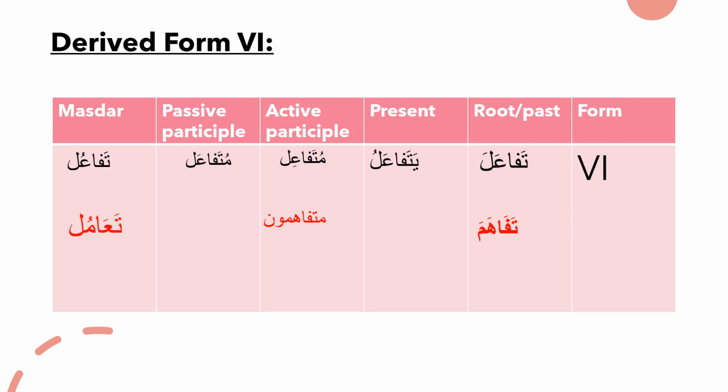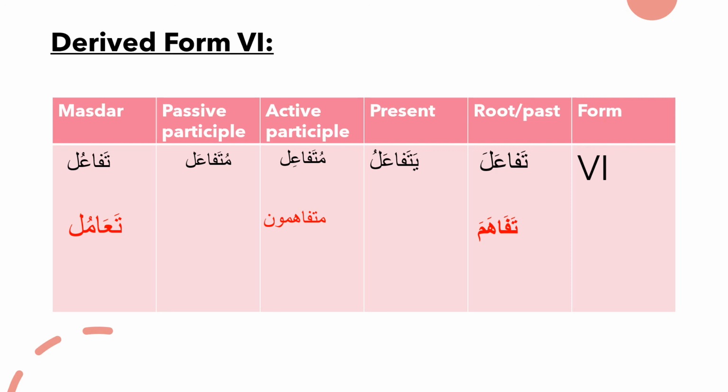If we have a look at the root or past tense I've put, tafahama. When you look at the root letters of this verb, we have fahama, which means to understand. So you may know ana afham is I understand. So tafahama is like we understand each other.